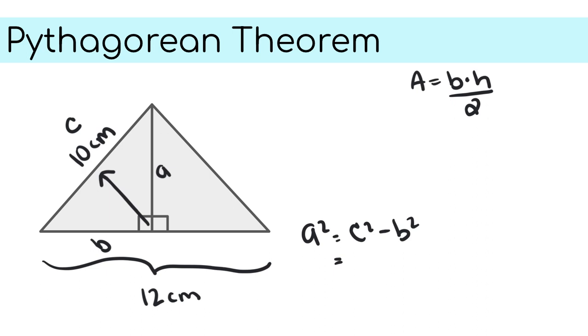And we know C is 10 squared minus, now this is a little bit tricky. We know the whole length is 12, but we're just using this part of the triangle here. We're only using half of the triangle to apply Pythagorean theorem in this case because we need the 90-degree angle.